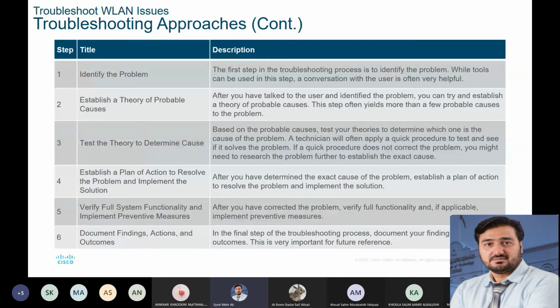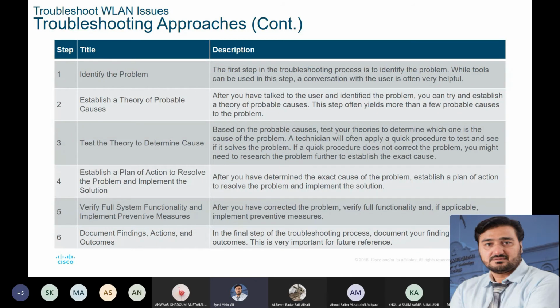To assess the problem, determine how many devices on the network are experiencing the same problem. If there is a problem with only one device on the network, then start the troubleshooting process at that device. If there is a problem with all devices on the network, start the troubleshooting process at the device where all the other devices are connected.